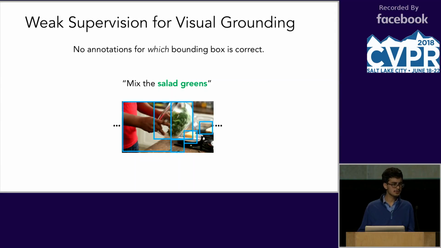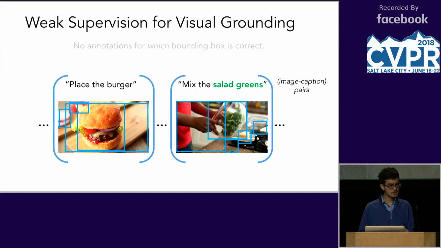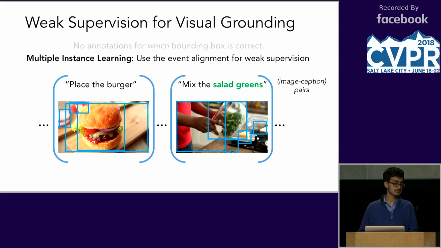Now, how do we learn how to perform this without object level, bounding box level supervision? Well, what we do have is alignment between the different captions and the different images. And these image caption pairs allow us to leverage multiple instance learning, where we can use the event alignment for weak supervision.